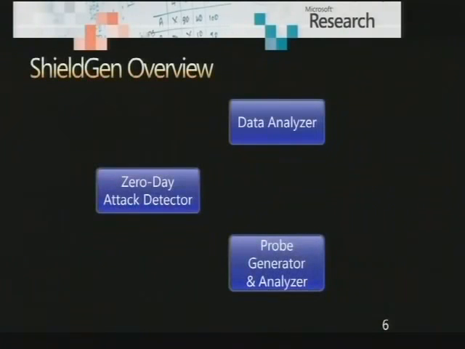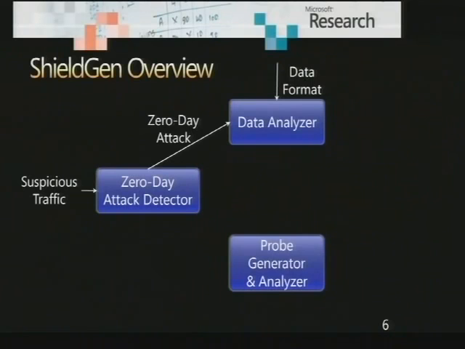Here's a system overview of ShieldGen. ShieldGen has 3 components. The first component is a zero-day attack detector. The system works the following way. The zero-day attack detector monitors suspicious traffic, and when it detects a zero-day attack, it sends the attack to the data analyzer. Based on the data format, the data analyzer will parse the zero-day attack and generate the semantics, all the fields and sequences of the attack data, and pass it to the probe generator and analyzer.